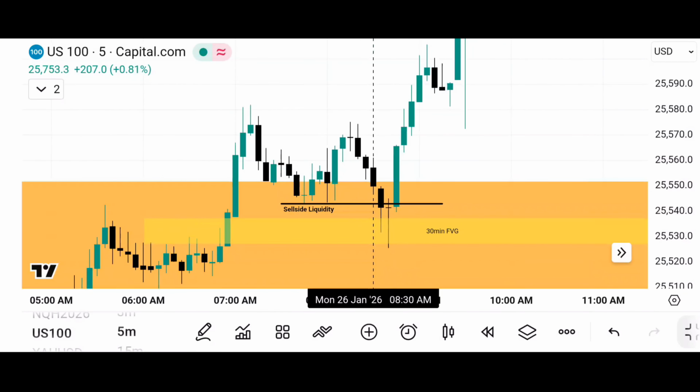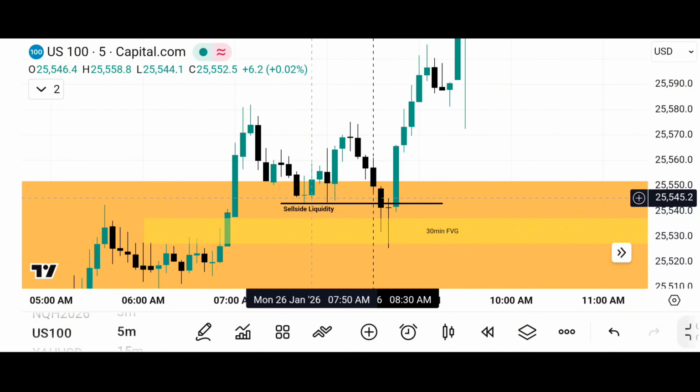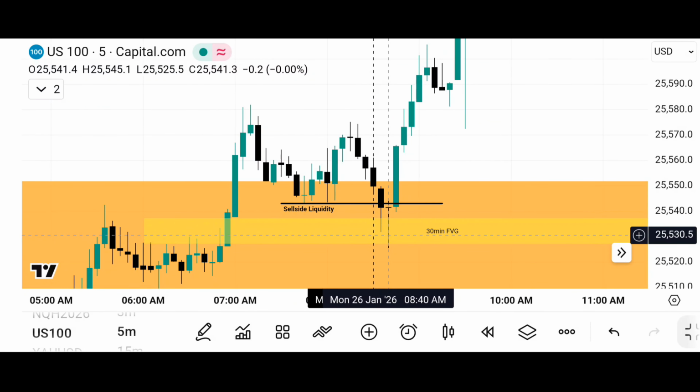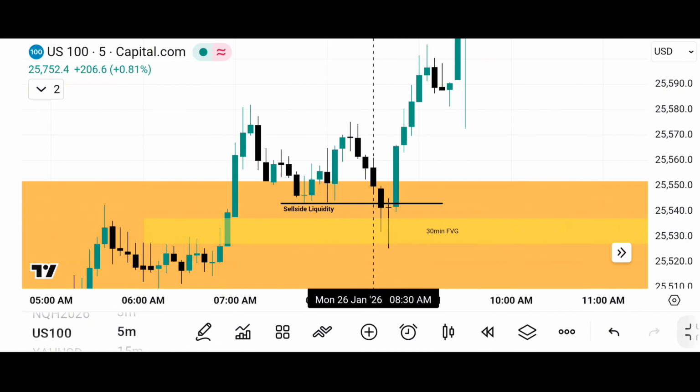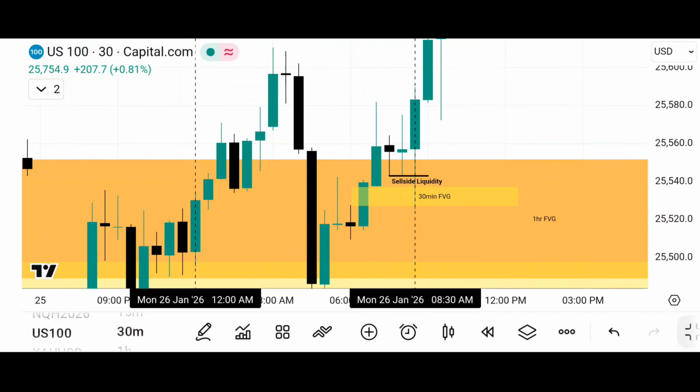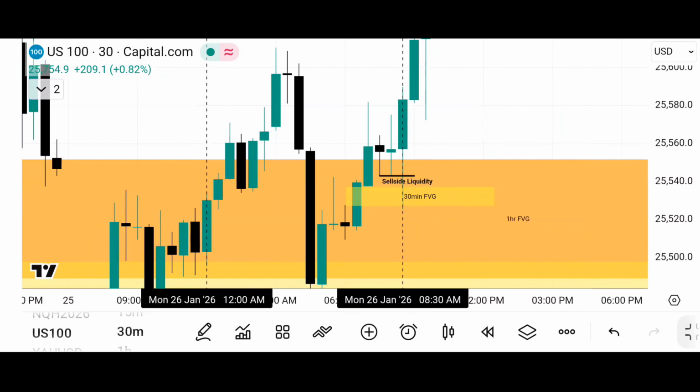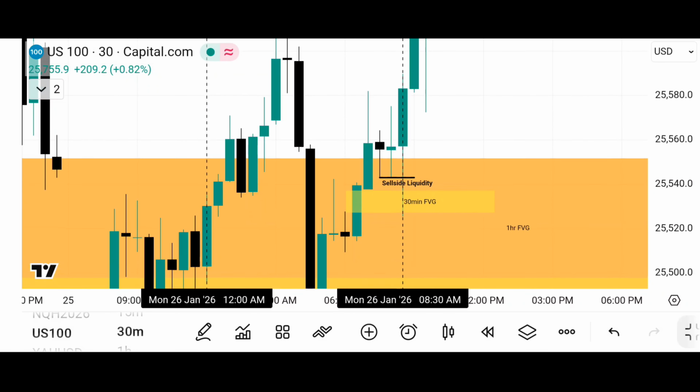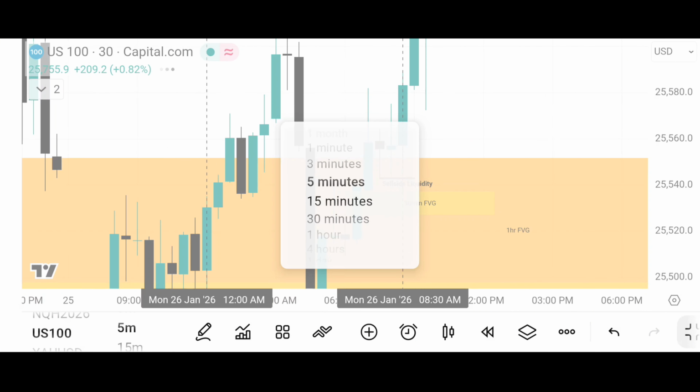Now after 8:30, price runs down relative equal lows, takes out sell side liquidity, also running into this 30-minute fair value gap. Is it running into the 5-minute fair value gap? Sorry, 30-minute fair value gap.